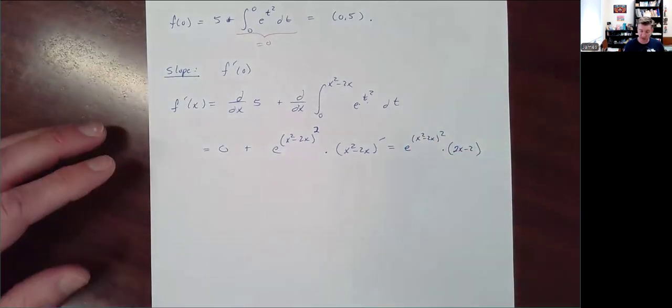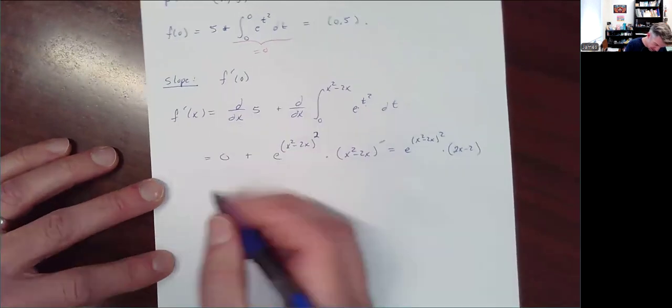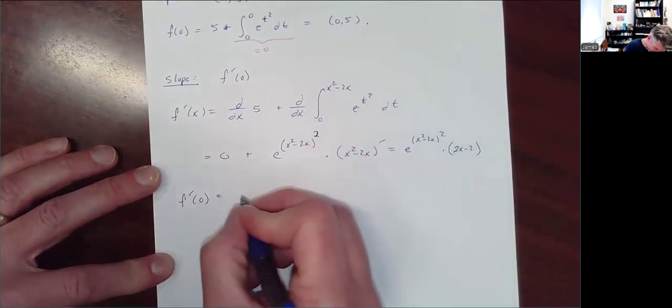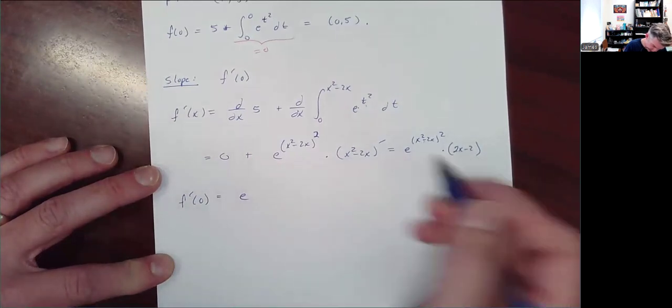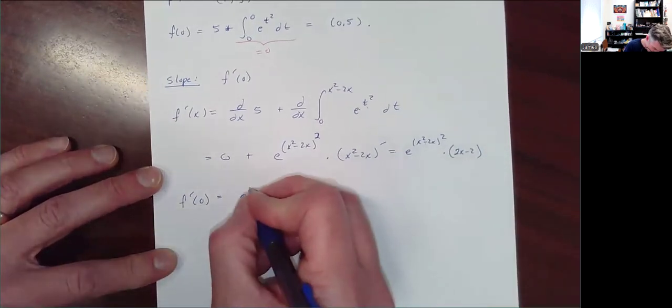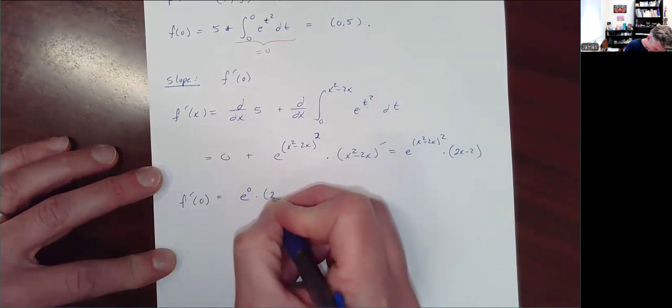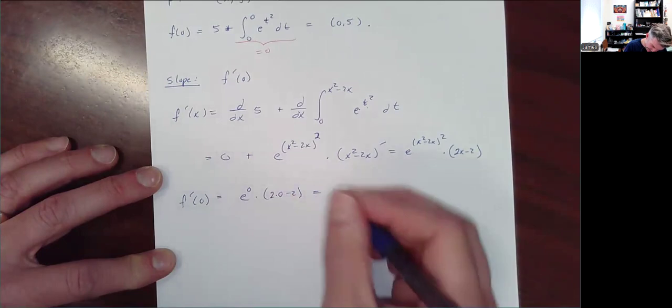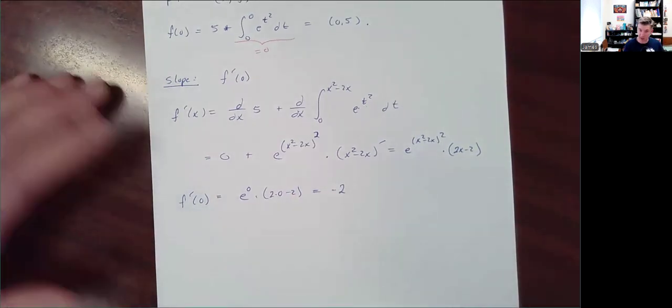But we want to find the derivative specifically when x is 0, so then f prime of 0, we're going to plug in 0 for x and get e to the 0 minus 0 squared, which is still 0, times 2 times 0 minus 2. So that's 1 times negative 2, which is negative 2. And that's our slope.